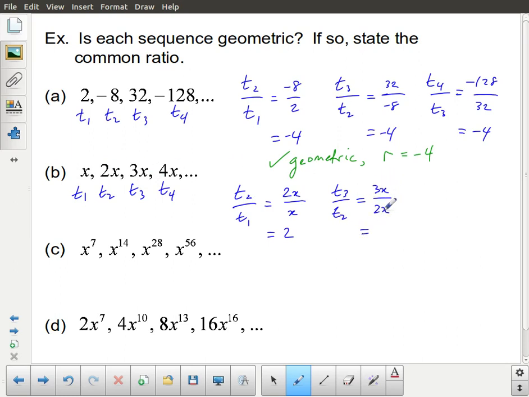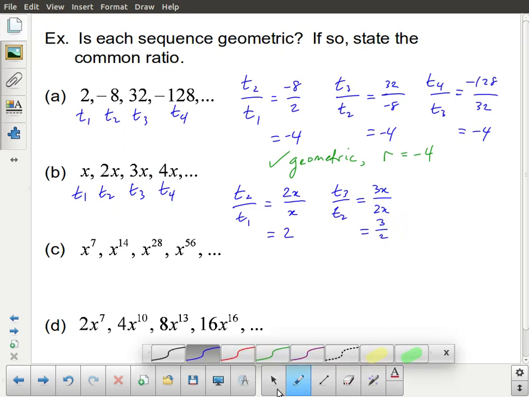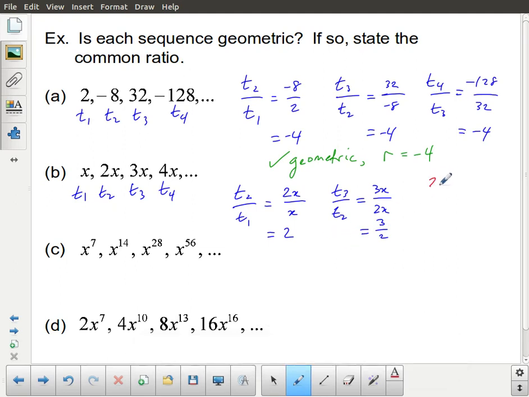But 3x divided by 2x is the number 3 over 2. Those are not equal to each other. And so since 2 is obviously not equal to 3 over 2, it is not geometric. And of course, we can't write the common ratio.